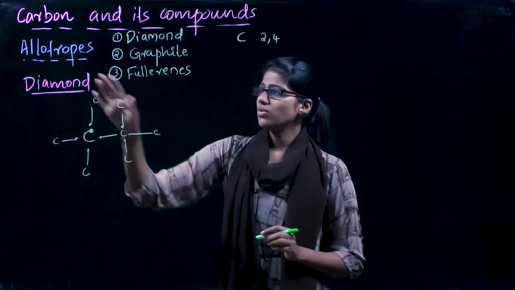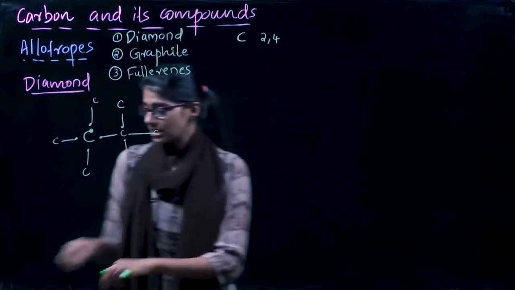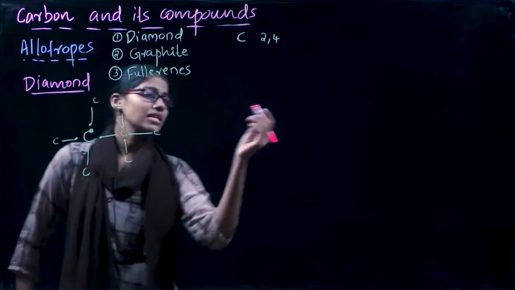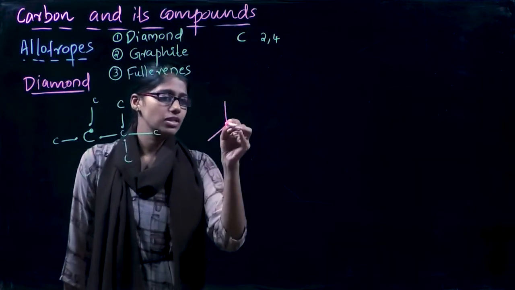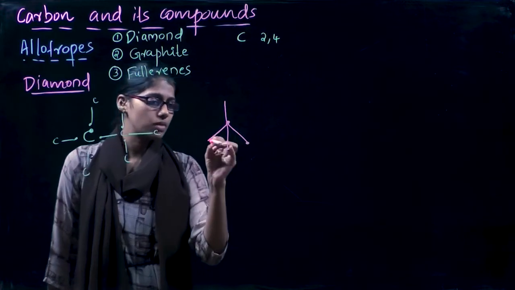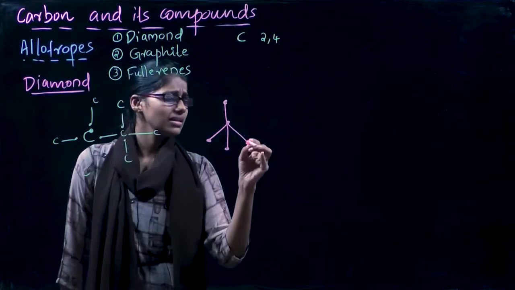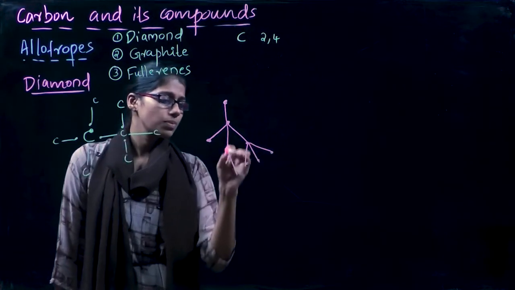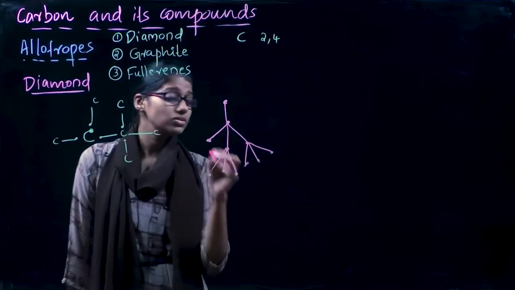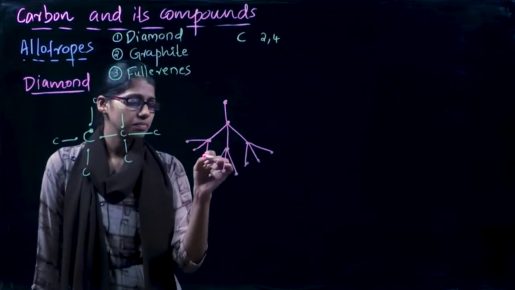So, when you represent the diamond, the structure is actually network structure. Let's represent the dot as the carbon, and it is tetrahedrally bonded to the next 4 carbons. Again, the individual carbon is bonded to 3 more carbon. So when you represent this structure, you are having a 3-dimensional network structure.